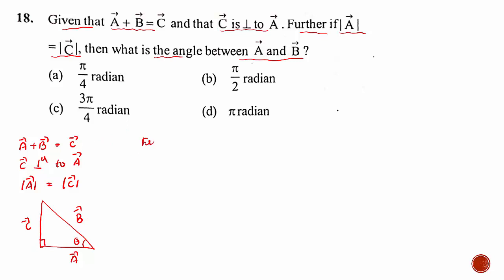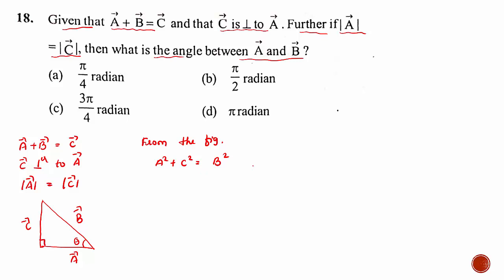So now from the diagram, from the figure, we can use Pythagoras theorem. See here I am going to write A square plus C square is equal to B square. This is from the diagram we can use Pythagoras theorem. A square plus C square equal to B square.